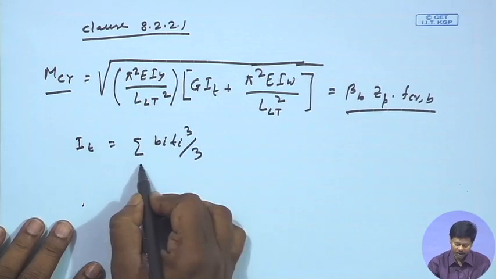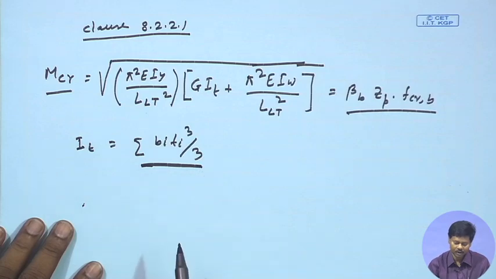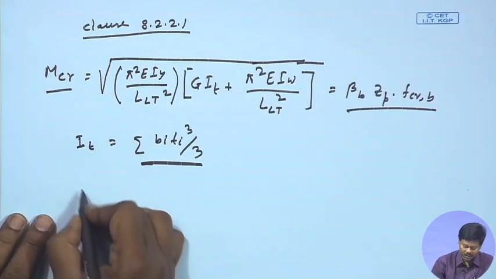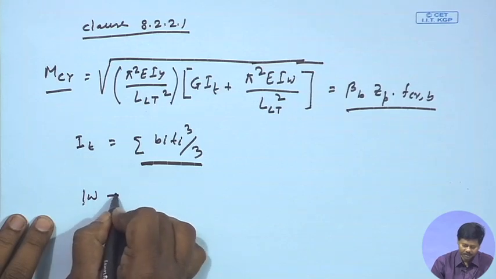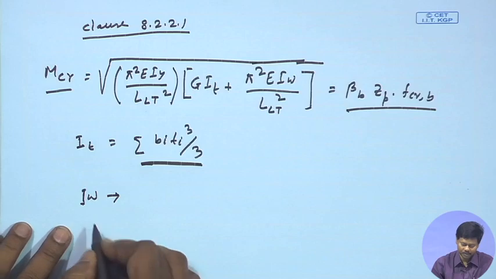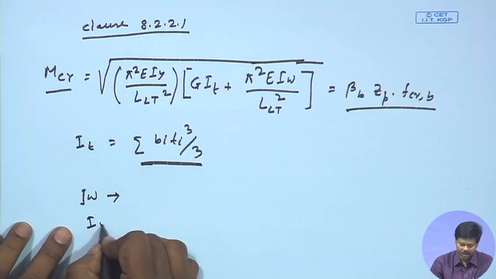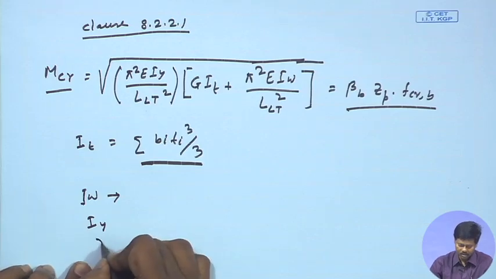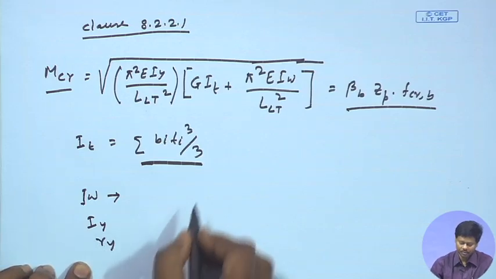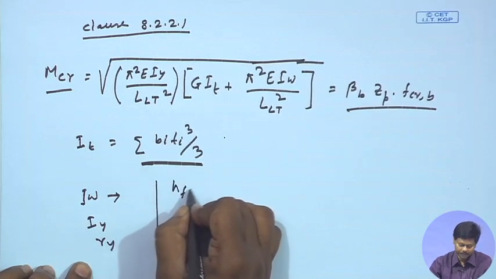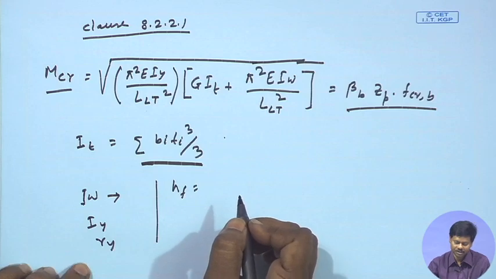How to calculate I T, that through one workout example we will discuss in detail. Then I W is the warping constant, I Y is the moment of inertia about weaker axis. Similarly, R y is the radius of gyration about weaker axis. Then H f is the center to center distance between flanges.